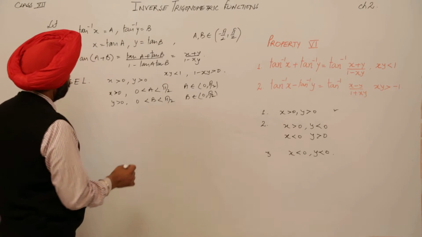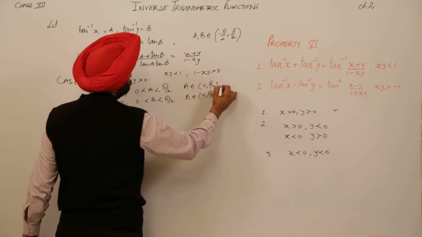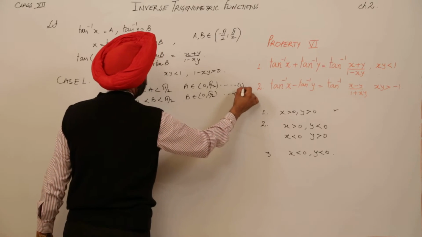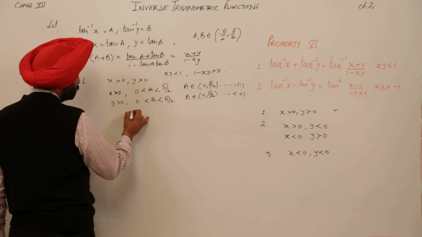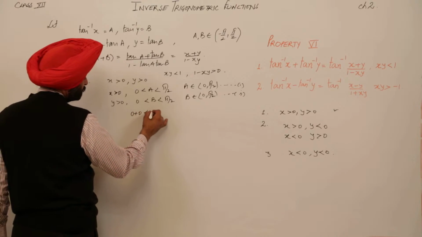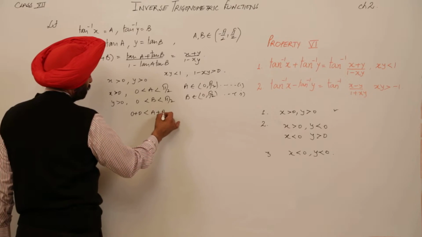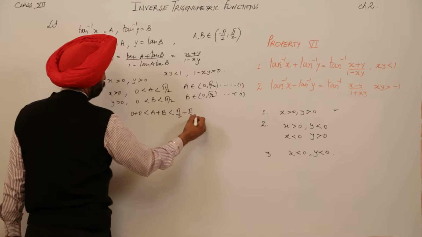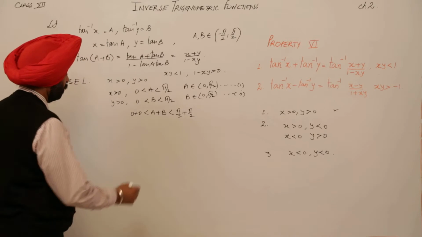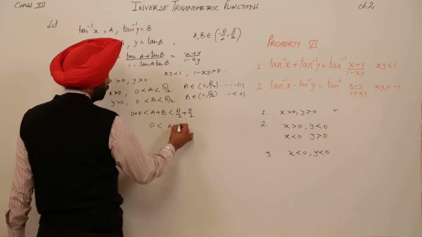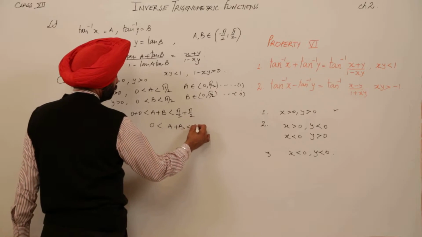Now if I add these two, suppose this is 1 and this is 2. Adding 1 and 2, what do we get? 0 plus 0 is less than A plus B is less than pi by 2 plus pi by 2. So we get 0 is less than A plus B is less than pi.